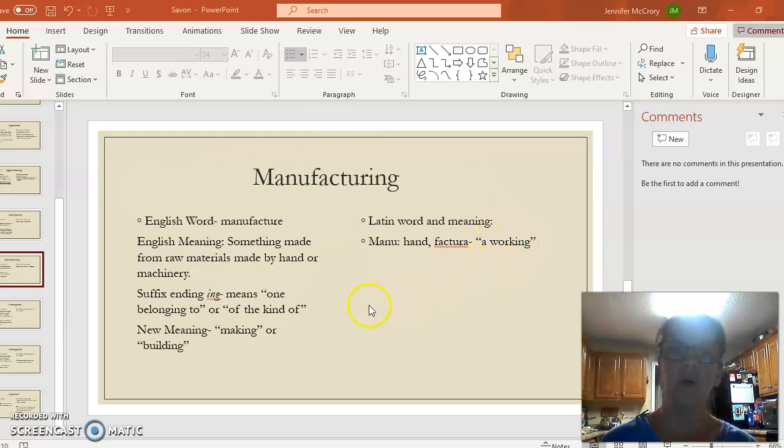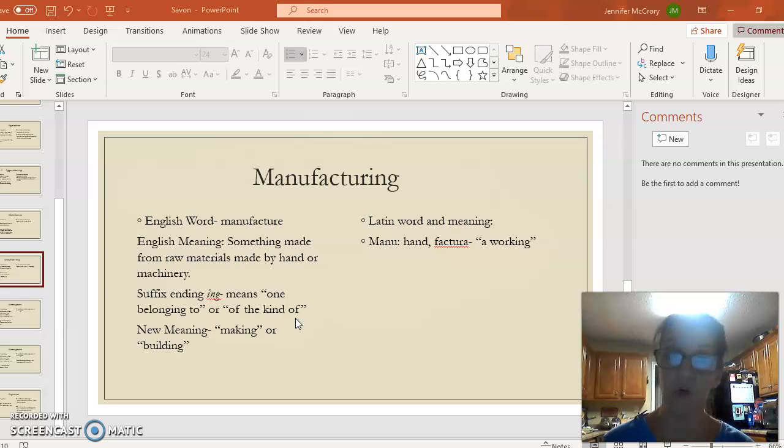Okay? So if we go back over here, this is telling you, okay, so I still have my hand. I'm still working because of this ing suffix. Now my manufacture meaning is still something that's made from raw materials, made by hand or machinery, but I'm adding this ing suffix, which means one belonging to or one of the kind of.